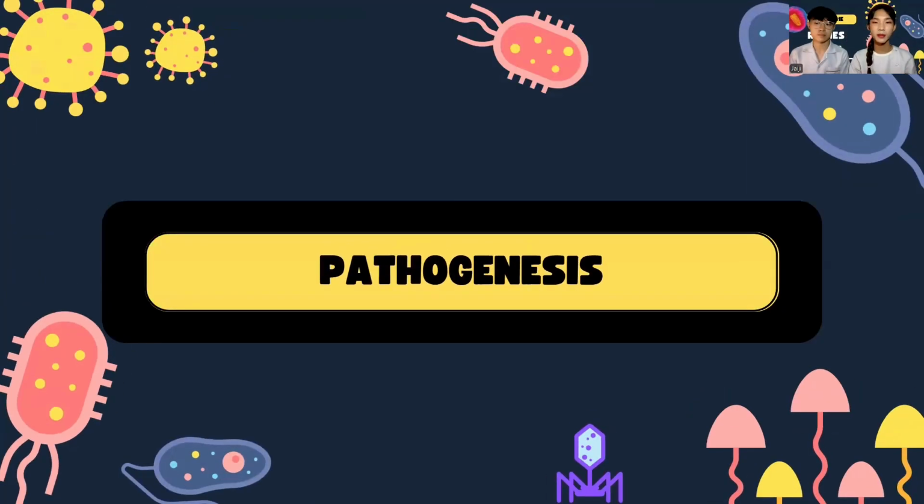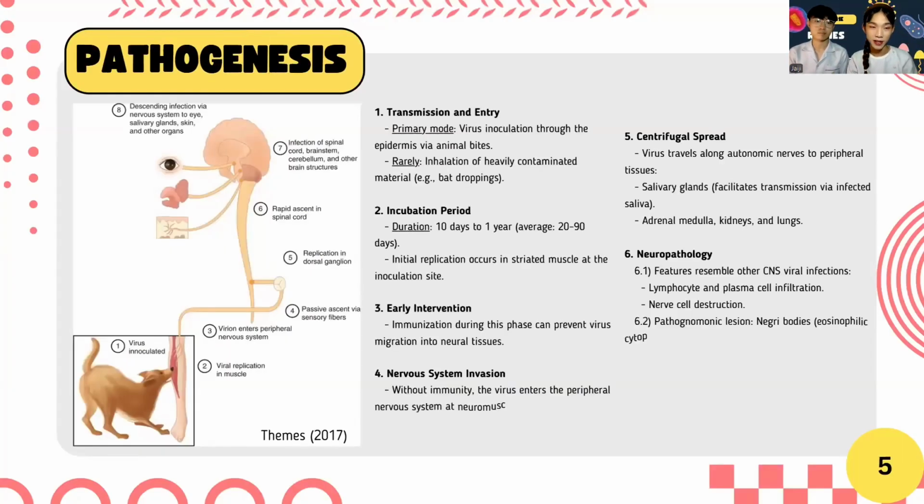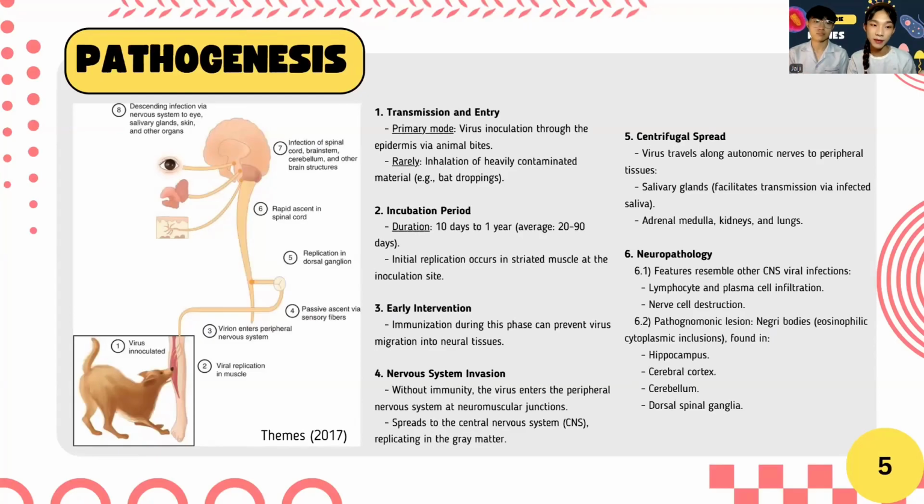Alright, so we're going to talk about the pathogenesis. You can look at this picture. We start with the virus inoculation, where the virus replicates in our muscle.